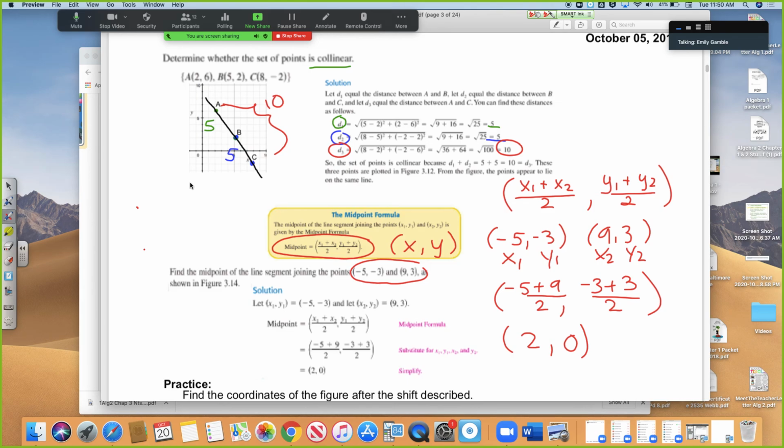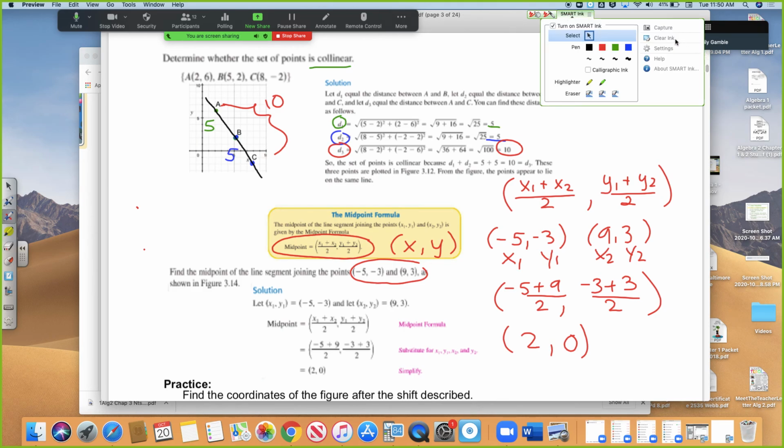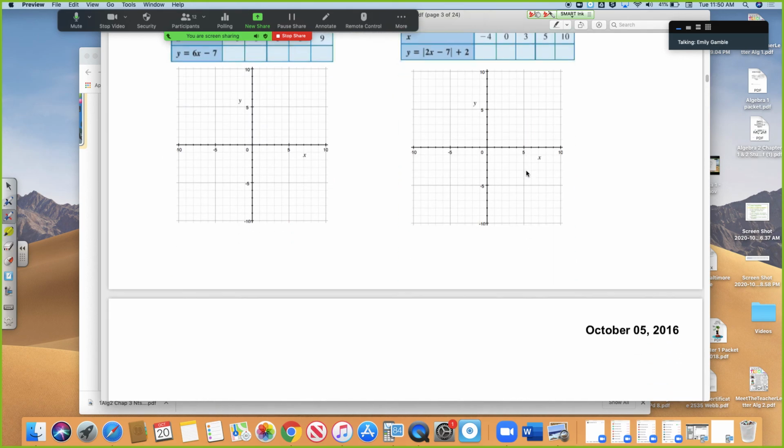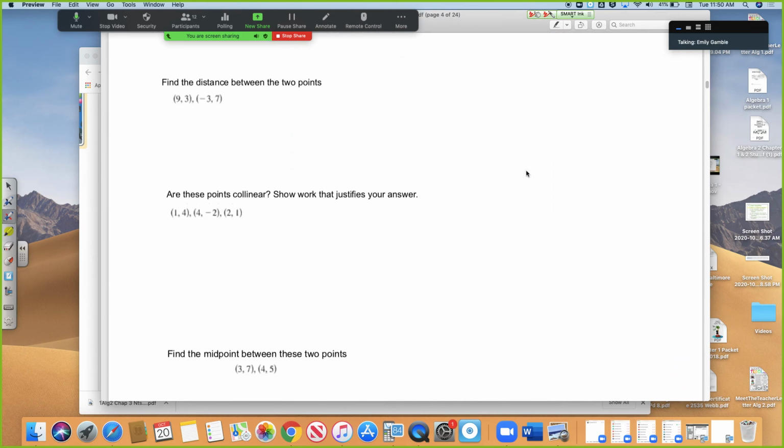That's the midpoint formula. So what we're going to do now is skip this practice example, because I want you guys to actually practice some of these formulas. And skip over to the next page that says here, find the distance between 2 points. It's really important that we understand how to use formulas.